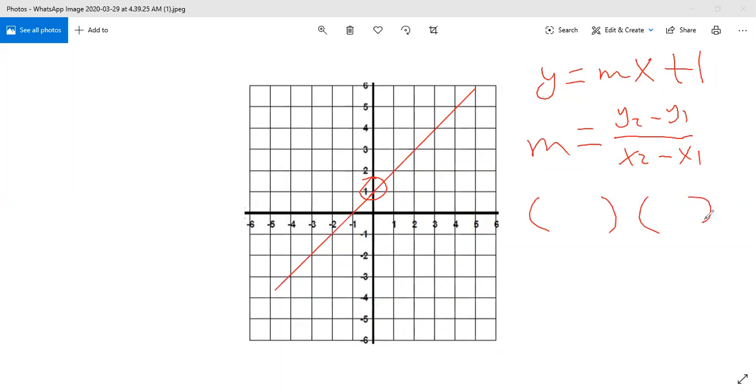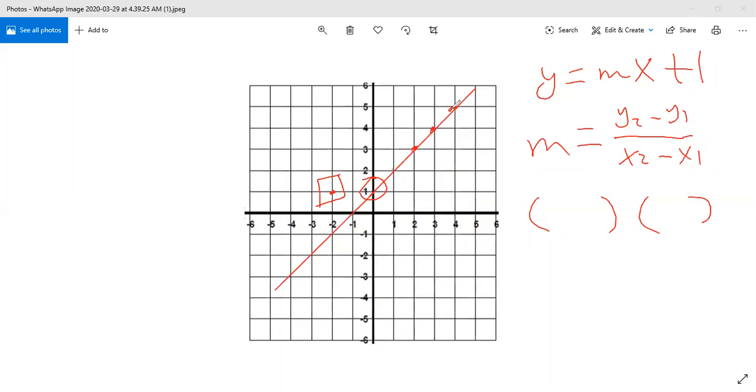-2 and 1. This point is -2 and -1. That's right. So we have 1 and 2, 2 and 3, 3 and 4, 4 and 5.